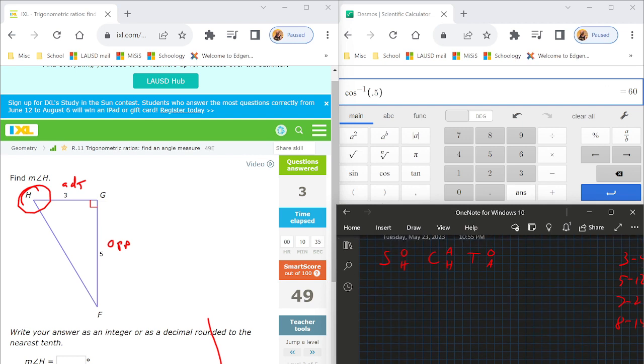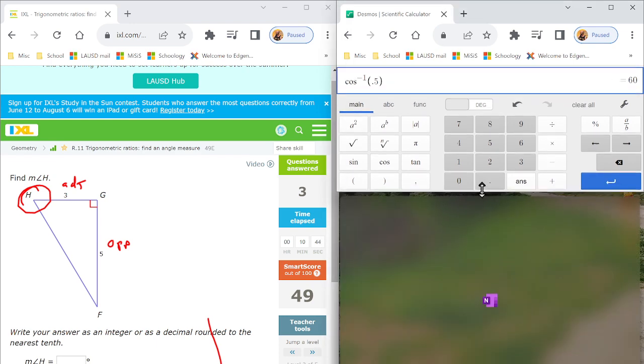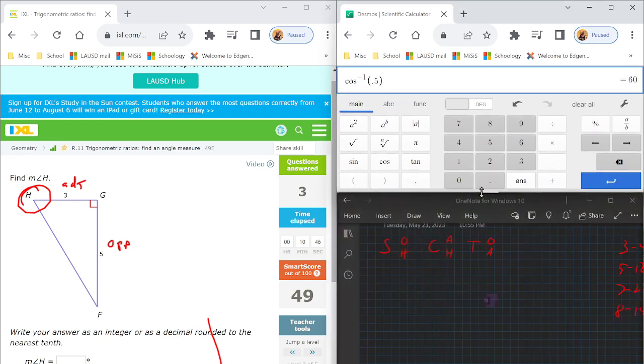So again, I didn't write it out here. Some of these adjustments didn't come back the way I wanted them. My tangent, so I'm thinking again, tangent of some angle. I didn't write this on the last problem, but you don't need to. Opposite over adjacent.